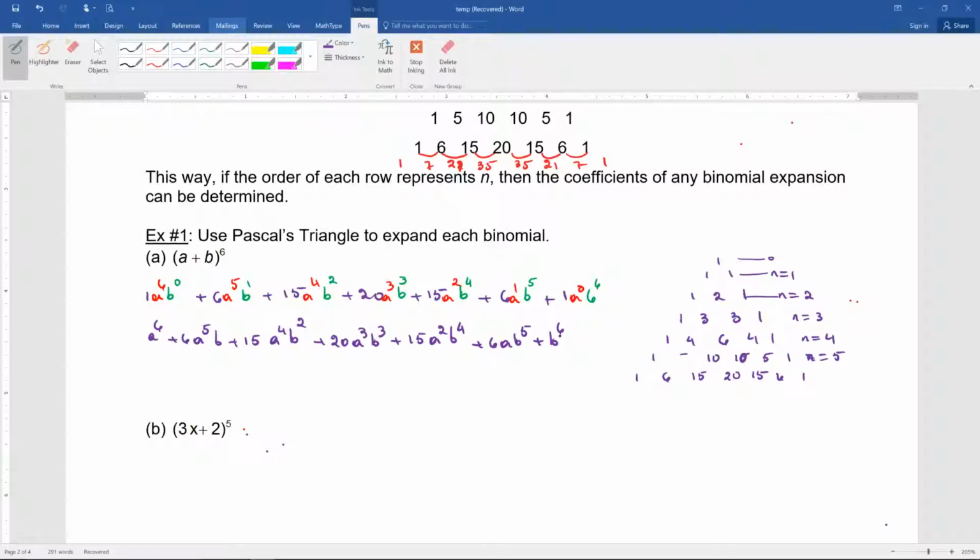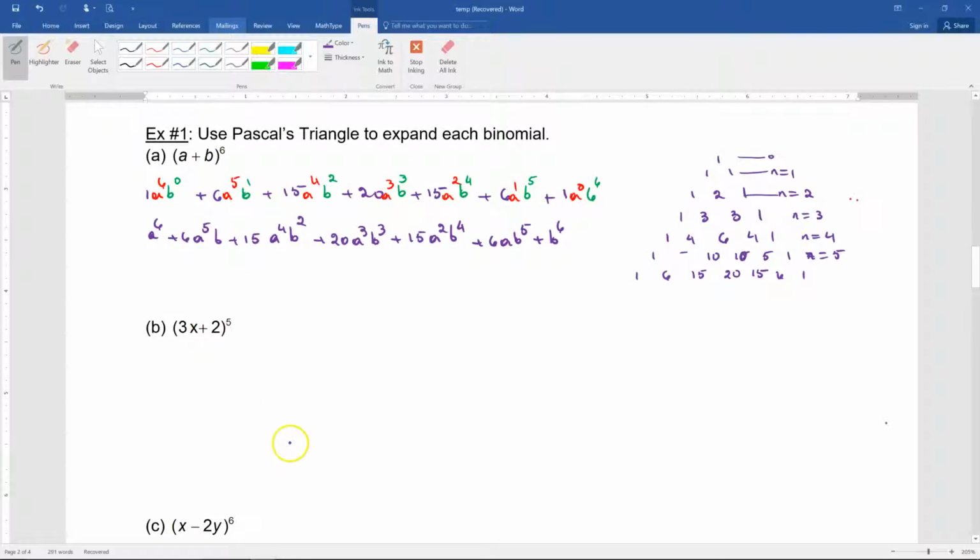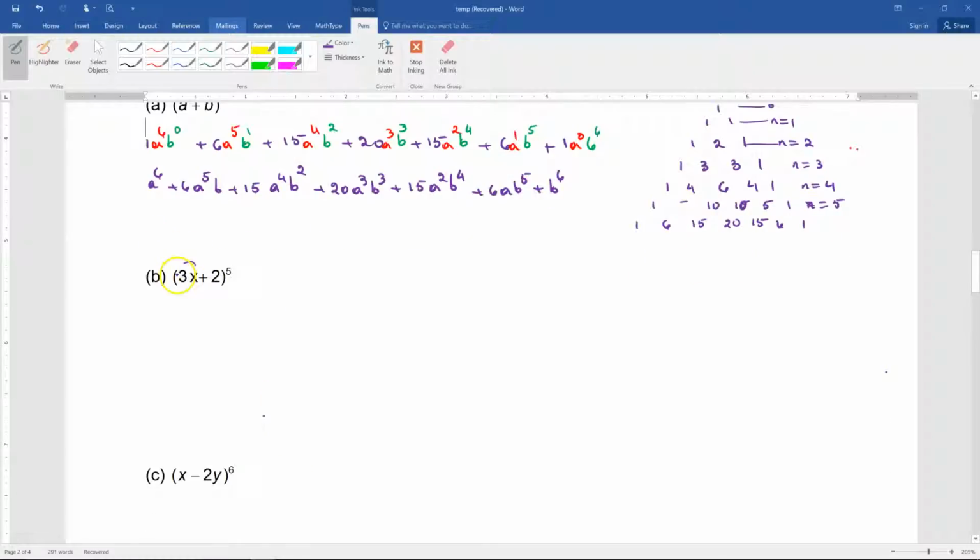Okay? All right, so let's do this one. Now, in this case, what is your first term here? It's 3x, and the second term is 2. Now, here I have n equals 5, so it's going to be this term, right? So it's going to be 1, 5, 10, 5, 1.